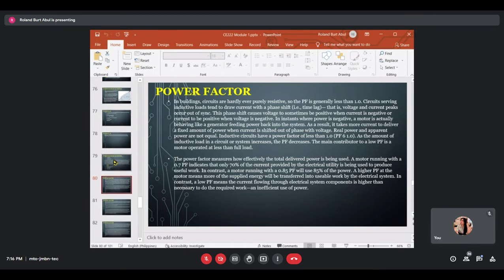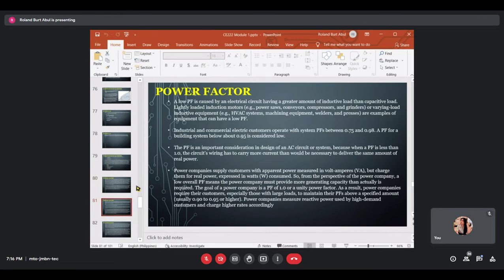In buildings, circuits are hardly ever purely resistive, so the PF is generally less than 1. In residential units, the typical PF nara sa mga 0.9999.